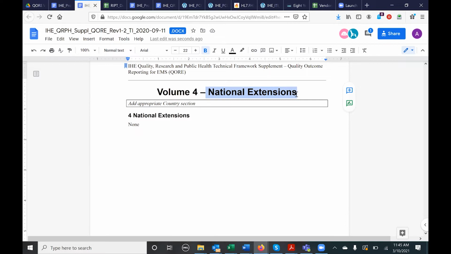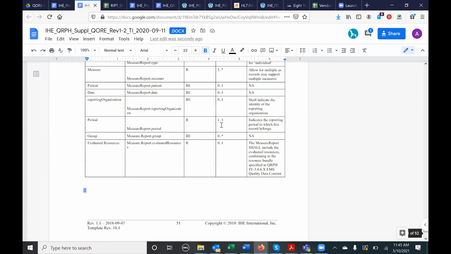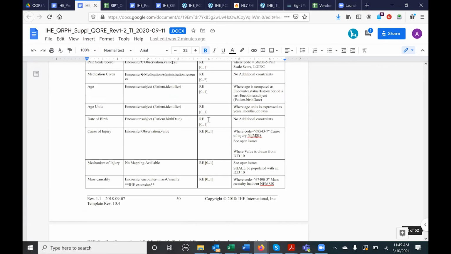What we would do here is take all the NEMSIS data requirements and tie that even tighter to this profile. So if we're saying this element is a required if known element right here, just to make sure we have international compliance.